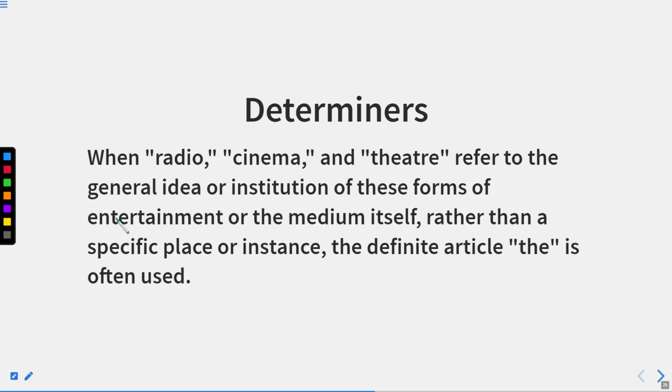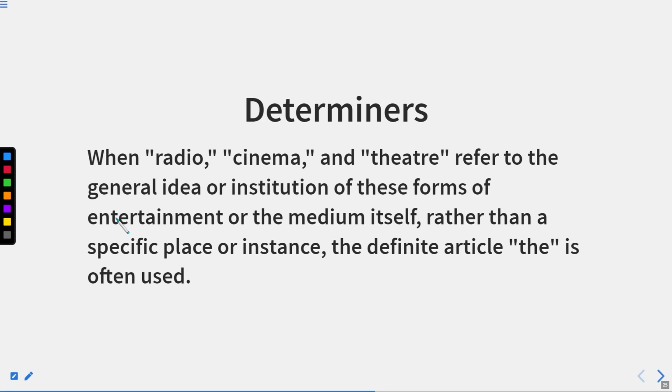So here heart, though it is a body part, is behaving like an adjective. Box is a noun and heart shaped is an adjective. That is not a body part there. I'm talking about that particular shape, which is in the shape of a heart. So in that case, I can use an article before it.